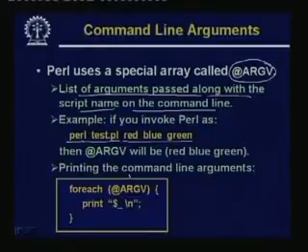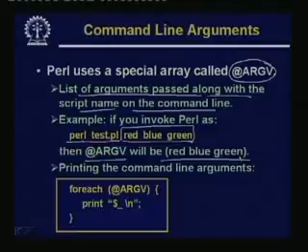Now, this ARGV is a special array. It says that after the command and the file name, whatever you have after that, red, blue, green, the array ARGV will contain exactly that, right.